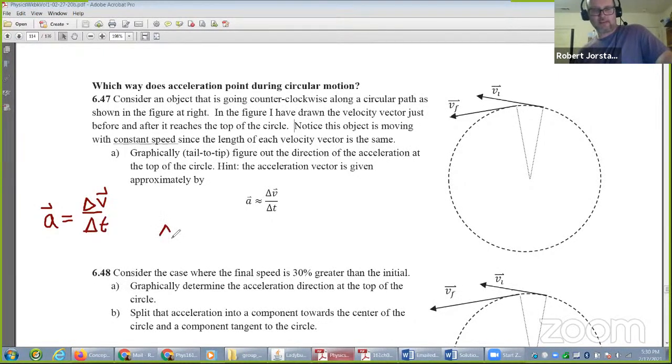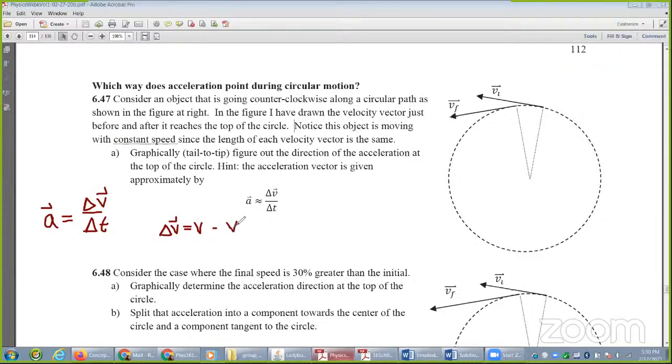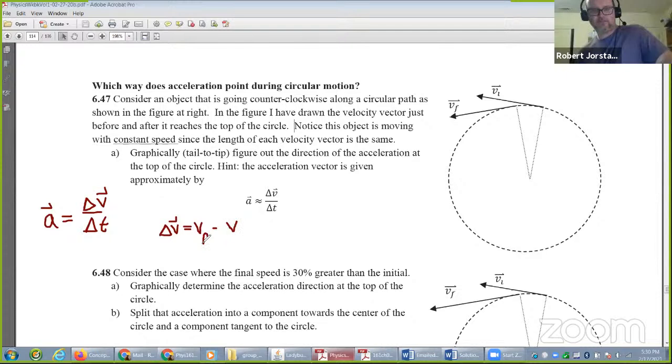Well, what's delta V? What minus what? V final minus V initial. Yeah, final minus initial. So if this right here is V initial, hopefully it makes sense that that right there is negative V initial. It points the opposite way.